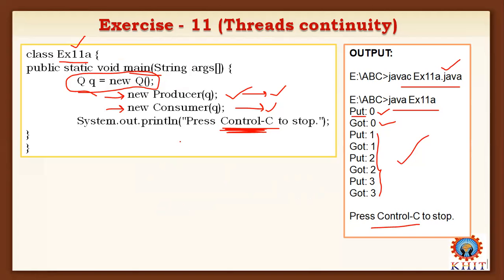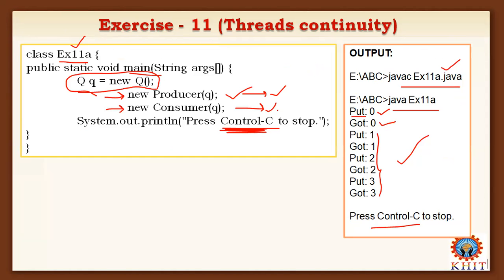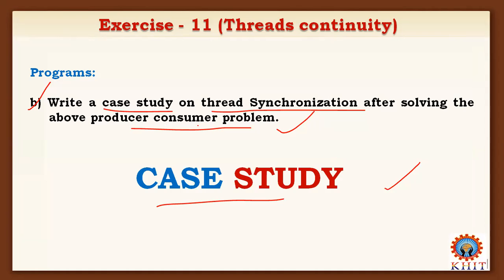In the previous one, the put and get methods are synchronized, and we used the wait and notify methods and the thread sleep method for 1 second. This is the way we got synchronization. Write all of this in a descriptive way as a case study of the producer consumer problem.